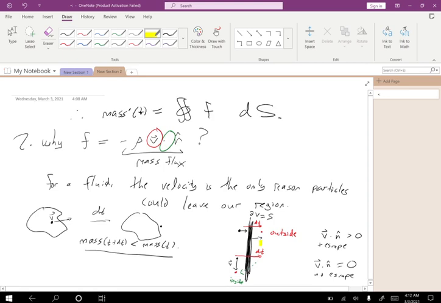You could start with a particle on the outside, and if the velocity is negative, oppositely oriented to the normal vector, then after our time dt later, the particle is inside, starting from outside. And in this case, v dot n is less than 0, and there was a capture of the particle.